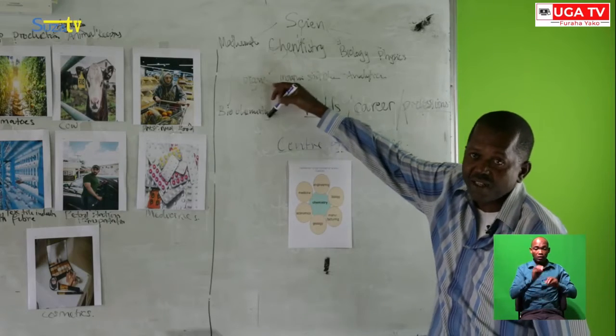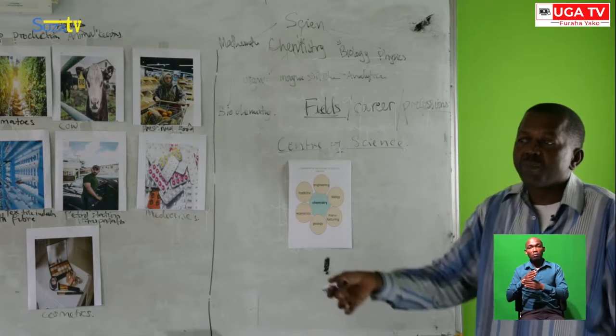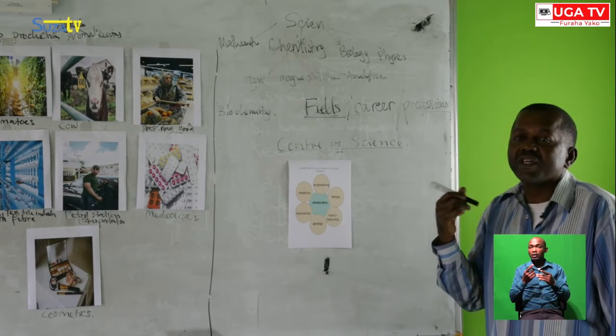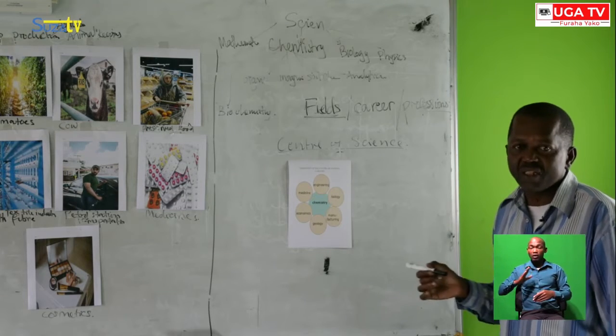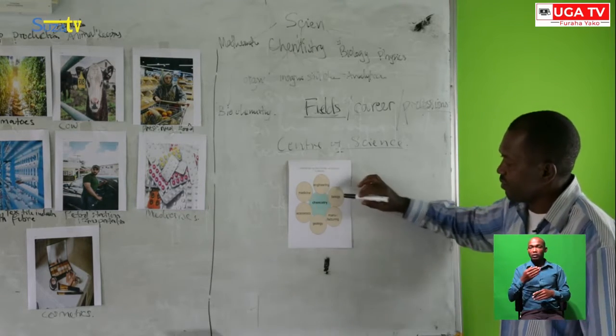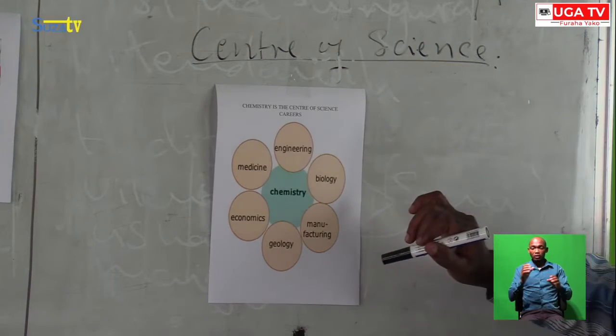So there is an interrelation between biology and chemistry, for example the different activities going on in the body, such as respiration and photosynthesis, which are reactions that take place.